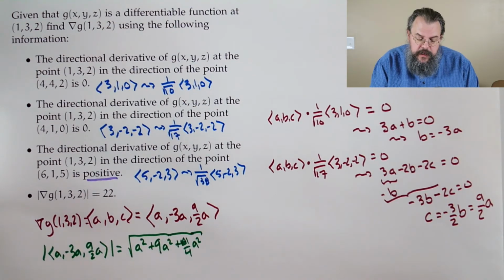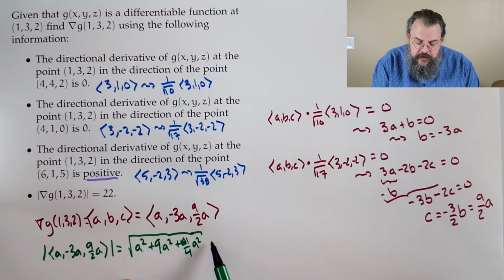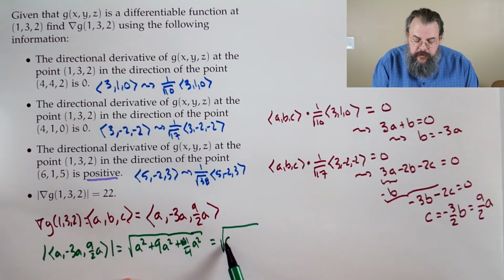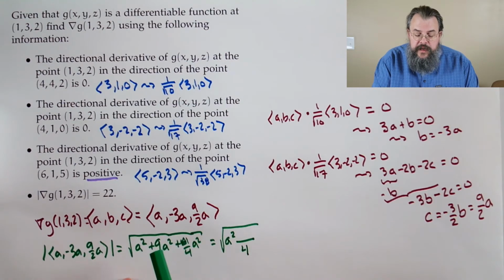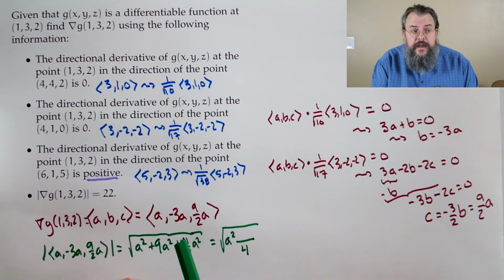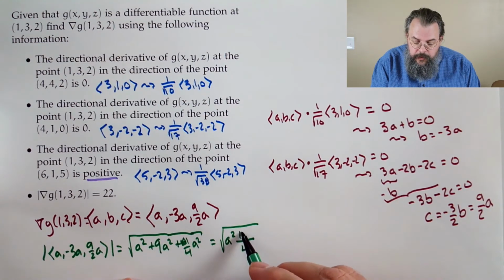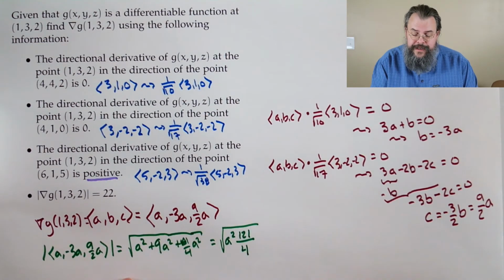All right, great. So if we combine, let's make this all over 4. Everything has an a squared, so I'm going to pull it out and put everything over 4. So I'd have 4 over 4 and 36 over 4, so 4 plus 36 makes 40, and 81 over 4 makes 121 over 4.